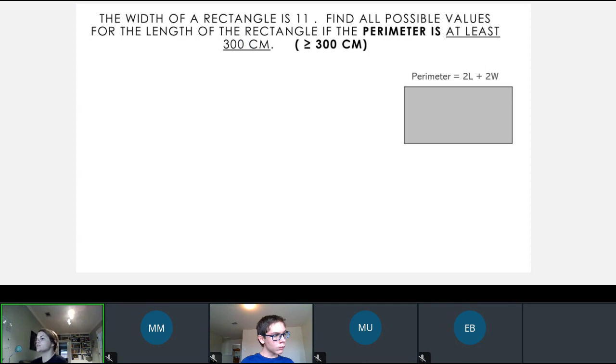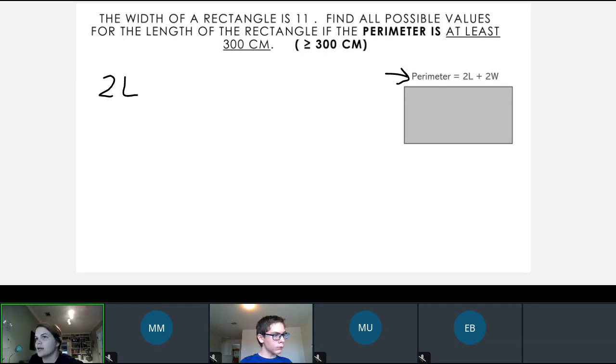Okay, so the width of a rectangle is 11. Find all possible values for the length of the rectangle if the perimeter is at least 300 centimeters. Okay, so here's our equation for perimeter.